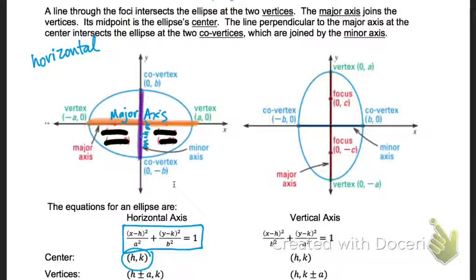The only difference is that my a value is the length from my center to the outside of my major axis, squared. So, for instance, we'll look at some examples, but it is the distance from my center point to my outside on the major axis. That is considered my a.